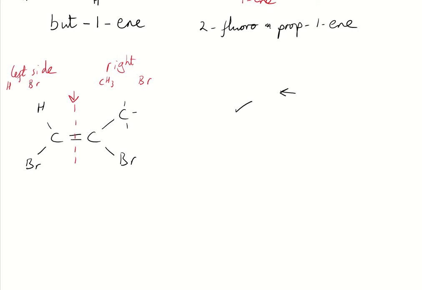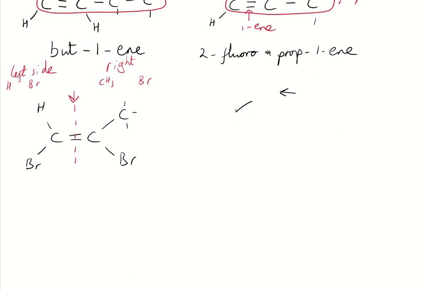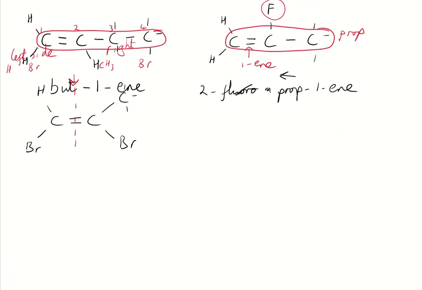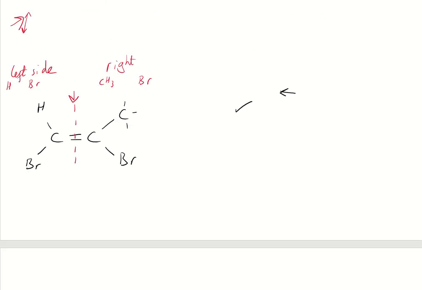Both of the right must be different. If they are not, then you will not have geometric isomerism, which is why, if my screen stops going weird, if we look at the ones above, on the left-hand side in here, hydrogen and hydrogen, they were the same, and likewise across there, so that cancelled out.